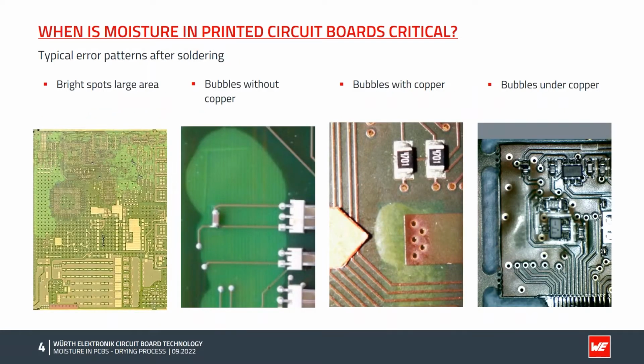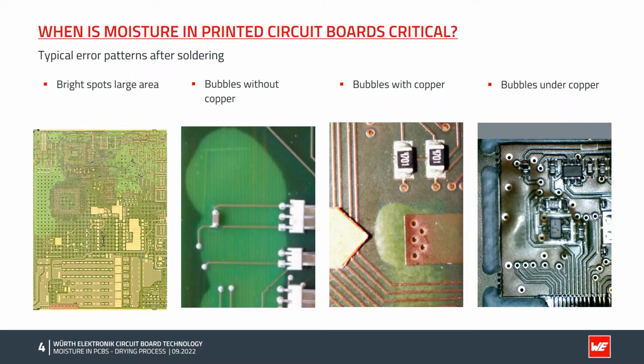So let's have a look at some typical error patterns after soldering. On the left side, we can see a board which has passed some soldering tests, and you can see bright spots in large area. The second picture shows bubbles without copper in that place, so there is a separation inside the material, inside the PCB.